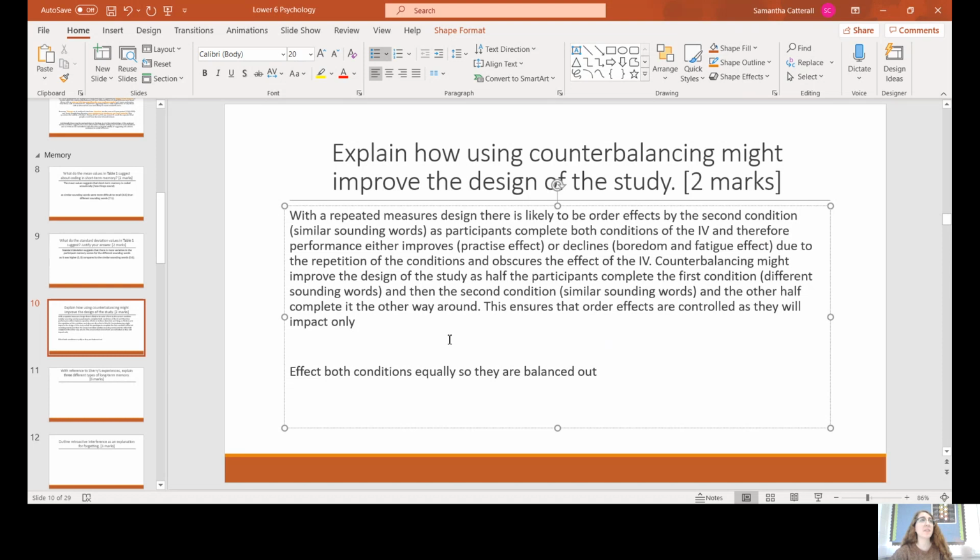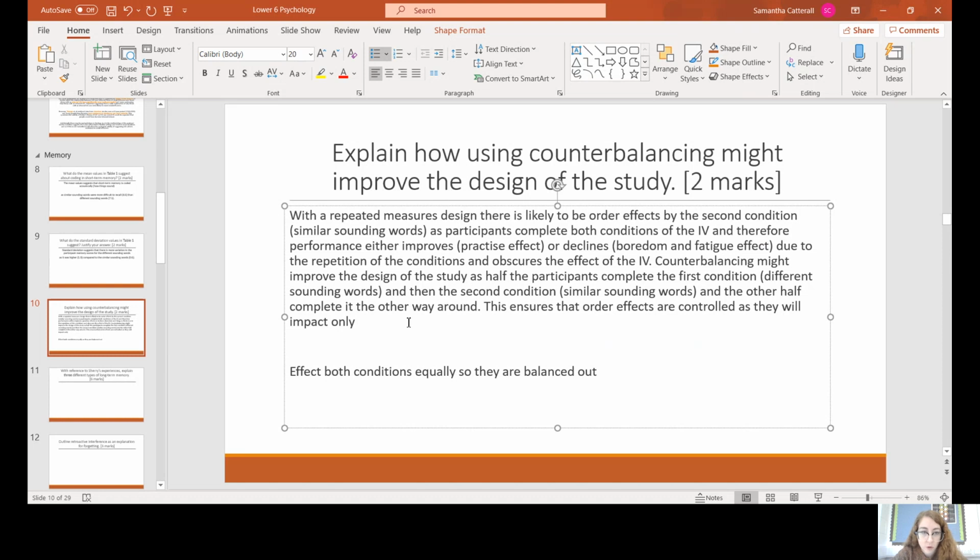Can you see how I'm really having to think about how to word this? This is a difficult question to do in time conditions. You need to prep this question before you go into an exam situation because it's so difficult to do. And actually, I'm probably overdoing it a little bit because I have seen students answer this question in more brief ways and they've got all the marks. So I'm probably overdoing it a bit. But if you could do it more concisely, then please do. But it's because I'm under pressure and I'm doing this video. So let me just see if I can add it in. So come on, improve the design. The other way.